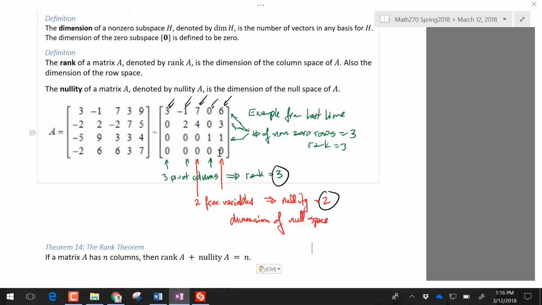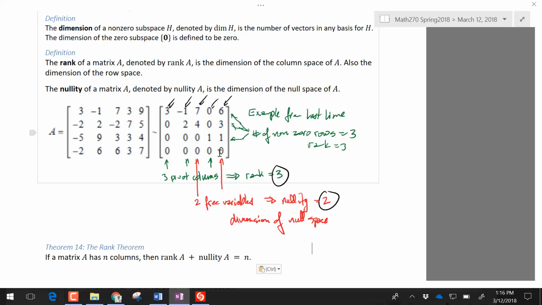And then the nullity is the space that can't be reached by those 3 independent vectors, which is a 2-dimensional space, like a plane. So I'm trying to visualize it. Don't visualize it, because you're in 4 and 5 dimensions.